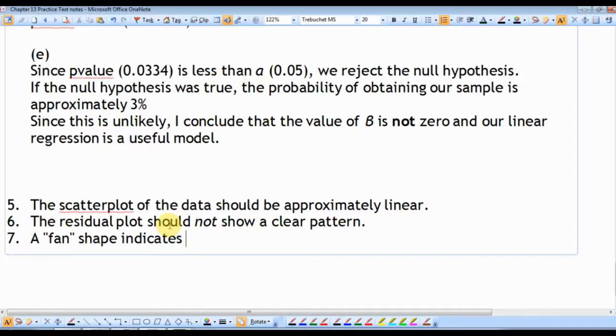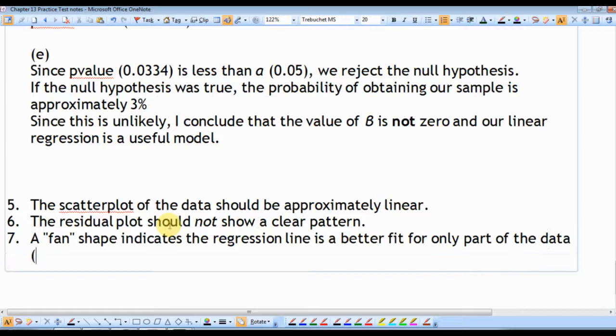It indicates the regression line works better, or is a better fit, for only part of the data. That'd be the skinny side of the fan. Okay.